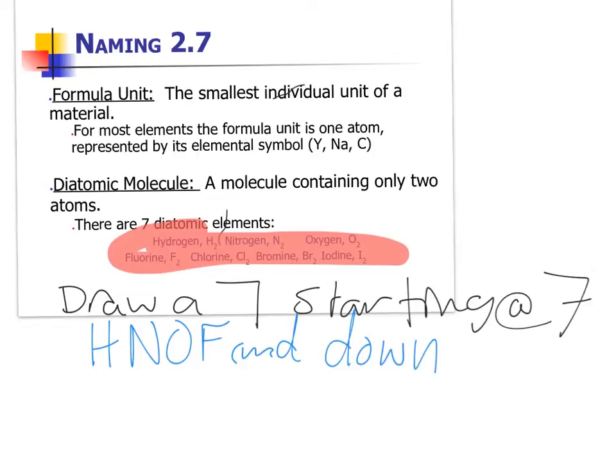So those are things that we will always talk about when we are doing them. The formula units, they're not 2s. They are just the way they are written on the periodic table. The diatomic molecules, there are only 7 of them. That's why they're so important for us to remember.